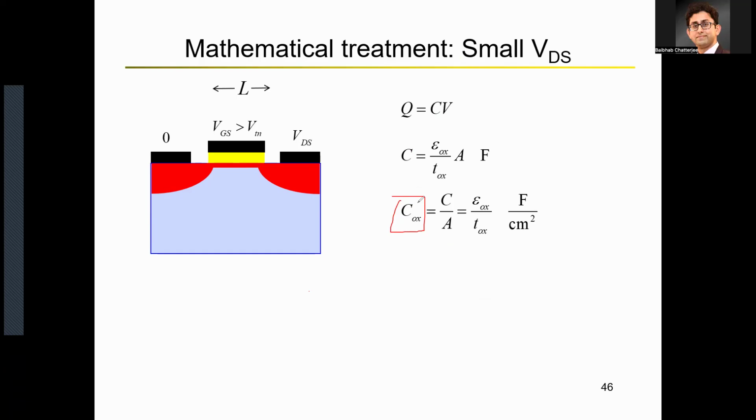So any book that you study, if you come across this term COX, that will mean the capacitance per unit area for the capacitor that is formed between the metal gate, the oxide, and the channel. So COX is basically C divided by A, that is just epsilon OX by TOX. So oxide's permittivity divided by oxide's thickness. So that's the capacitance per unit area, and the unit for that would be, let's say, farad per centimeter square.